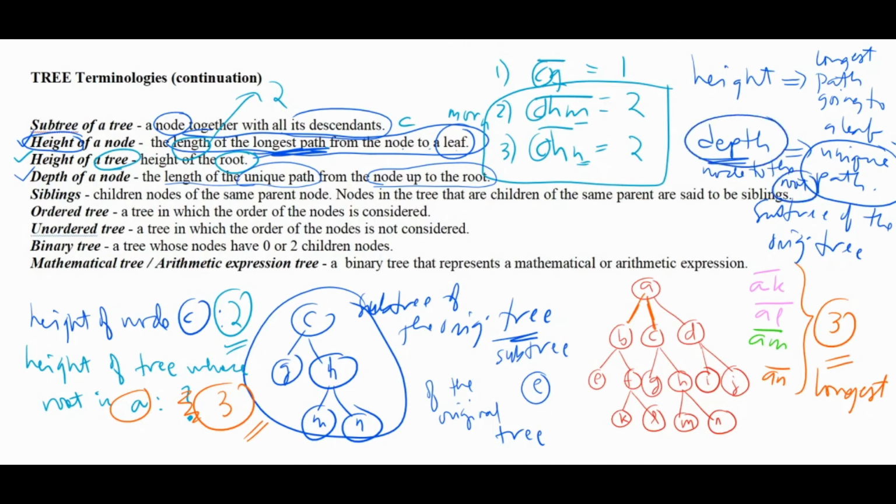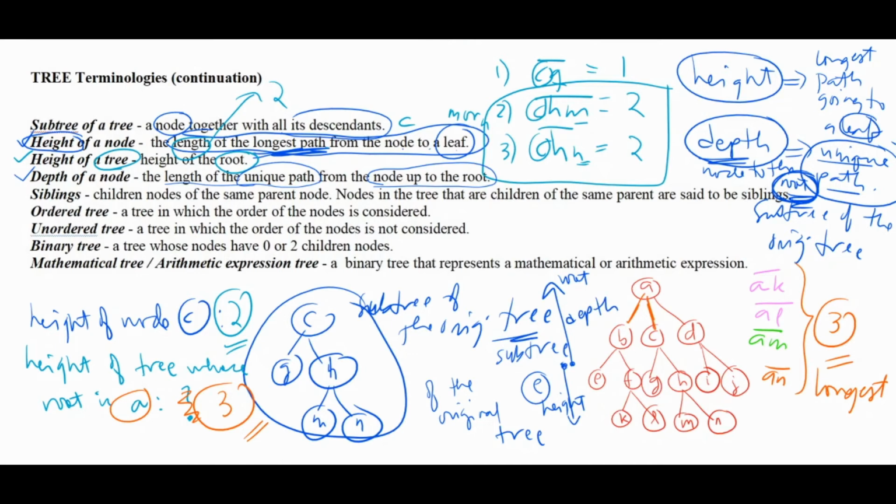So when finding the depth of a node, you're going to take a look at the unique path from the node going to the root, while finding the height is finding the longest path going to a leaf. So from a node going down, that's determining the height. From the node going up to the root, that's determining the depth of a node.